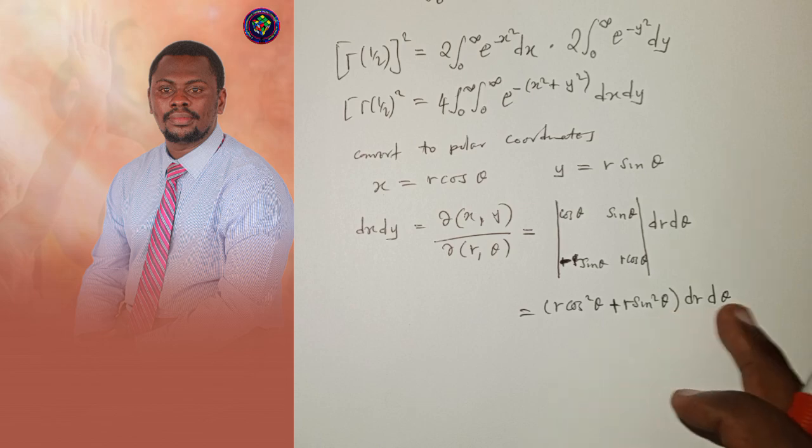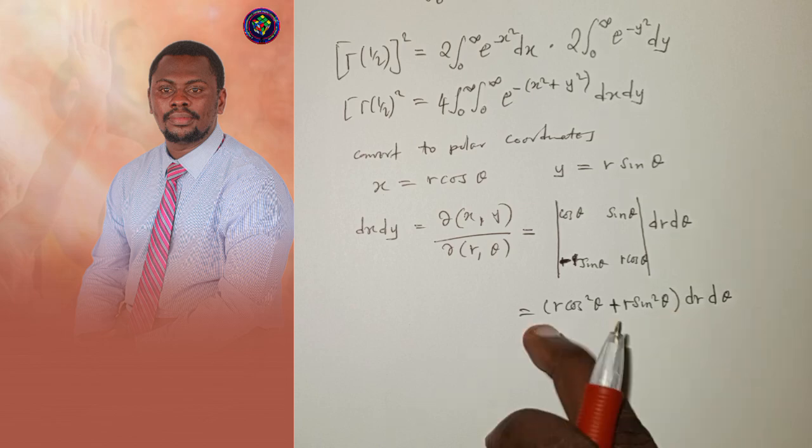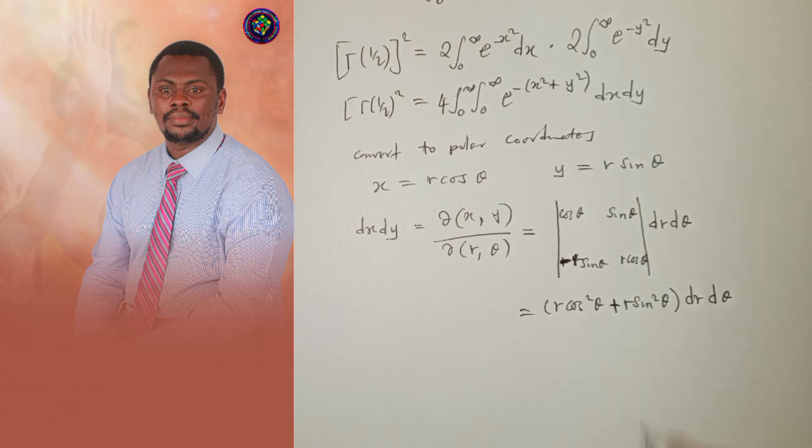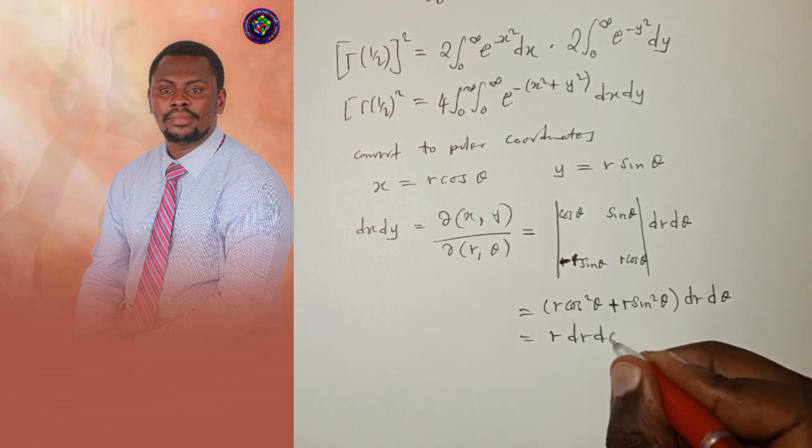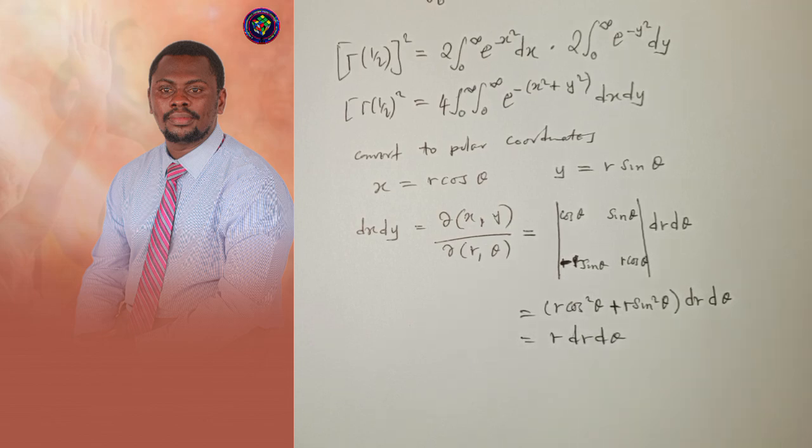So 1 multiplied by r is just r, and we have dr d theta, so it will be r dr d theta. So that is what we are going to substitute. Where there is dx dy, we'll put r dr d theta.